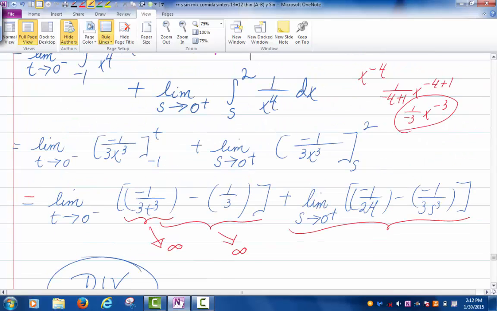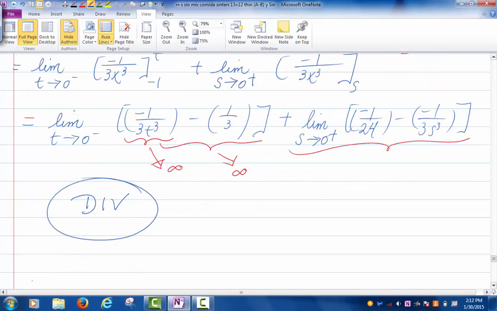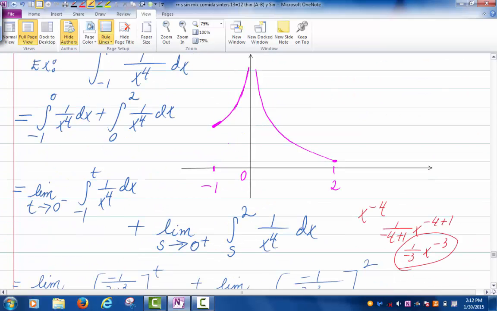Now, why do I not need to know what's happening? Why do I not care about the second limit? Well, look at the graph. We are saying the integral from -1 to 0 is already divergent. Does it matter what's going to happen there? Together, this guy will be divergent, right? Okay. Questions on this problem?